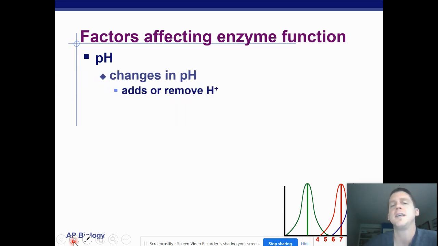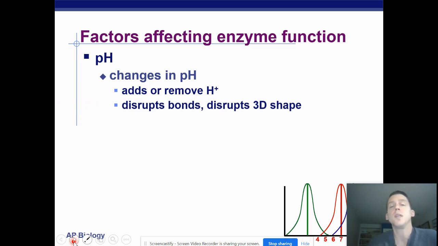Changes in pH are going to add or remove hydrogen ions. And as we know, that 3D shape of proteins and enzymes is very delicate. Adding or removing hydrogen ions due to changing acidity is going to disrupt the ionic and the hydrogen and all of those bonds that cause that three-dimensional shape.